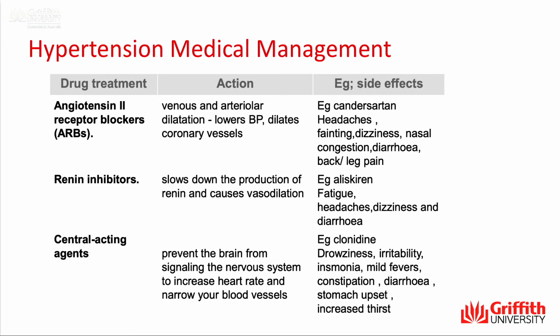Lastly, we've got angiotensin II receptor blockers, so that's venous and arterial dilation, which lowers the blood pressure and dilates coronary vessels. Renin inhibitors, so they slow down the production of renin and cause vasodilation. And we also have the centrally acting agents, which prevent the brain from signaling to the nervous system.